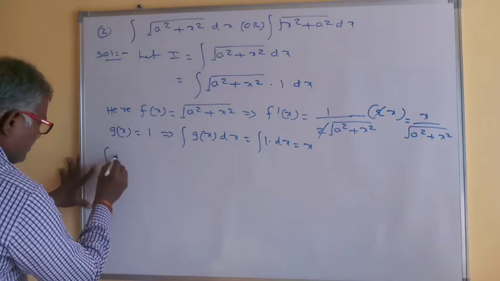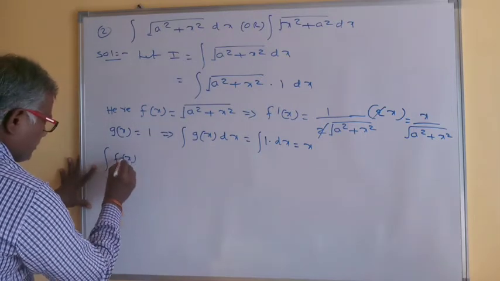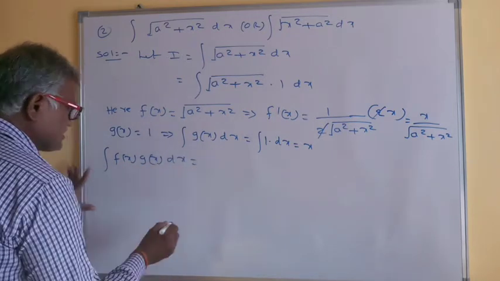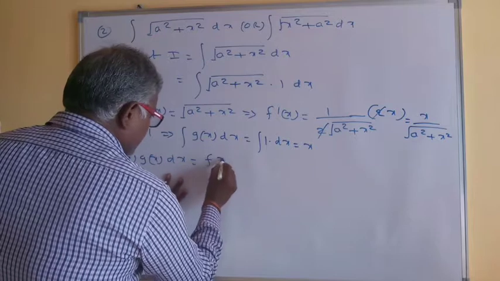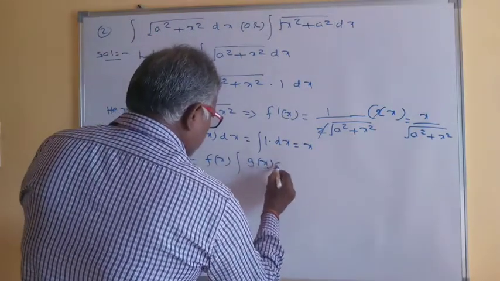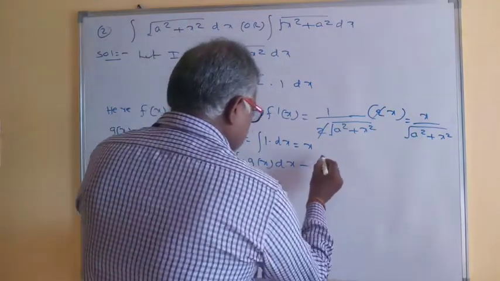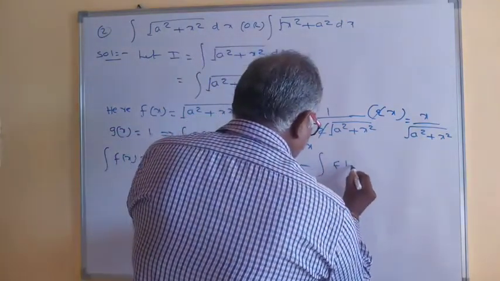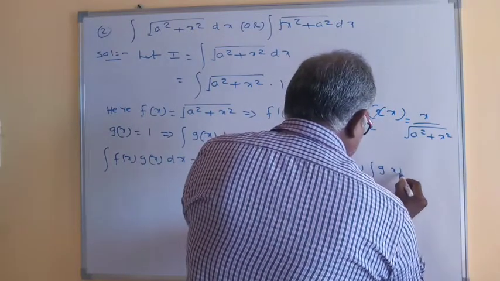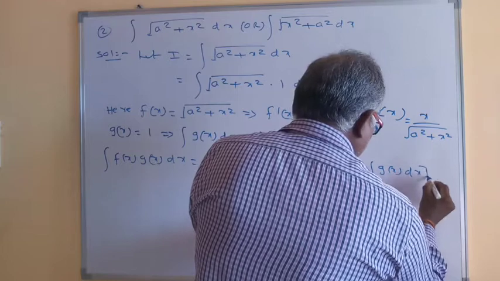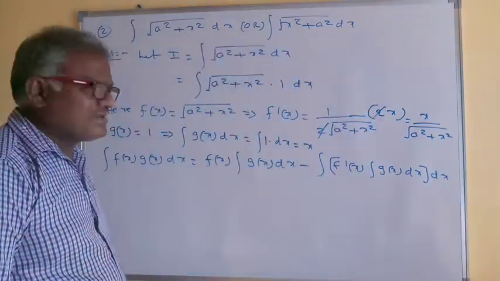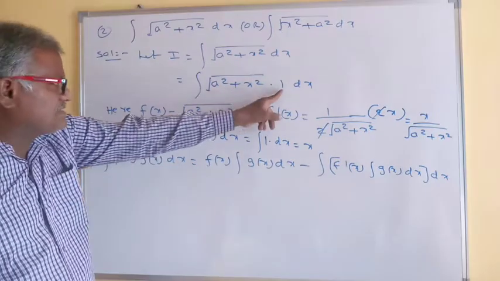Now what is the by parts formula, the product formula? Integral f of x g of x dx is equal to the first function into the integral of the second function, minus the integral of the first function's derivative into the second function's integral. Okay. So this is f of x and this is g of x.